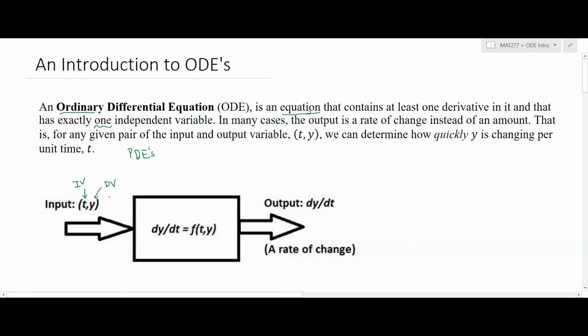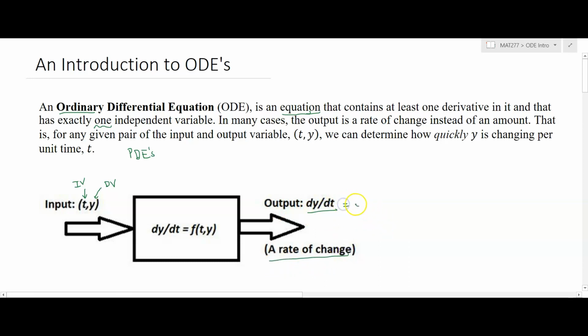So in this strange world that we're entering, the inputs into dy/dt, the rate of change, can potentially depend on up to two variables, the independent variable and/or the dependent variable. So you plug these values into your equation, and what do you get? You get an output of dy/dt, which is a rate of change.